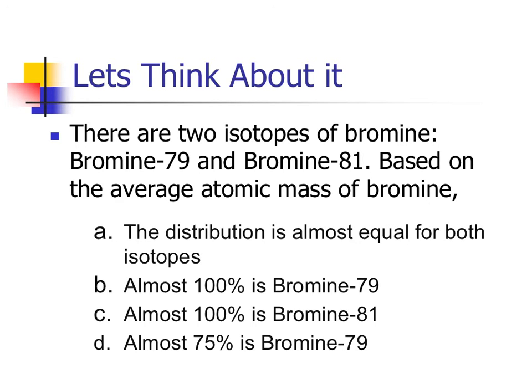We don't have in this question the numbers that bromine-79 actually is. Is it 79.5? Is it 79.1? Is it actually 78 point whatever? And we don't know what bromine-81 is either. And so we have to kind of guess.